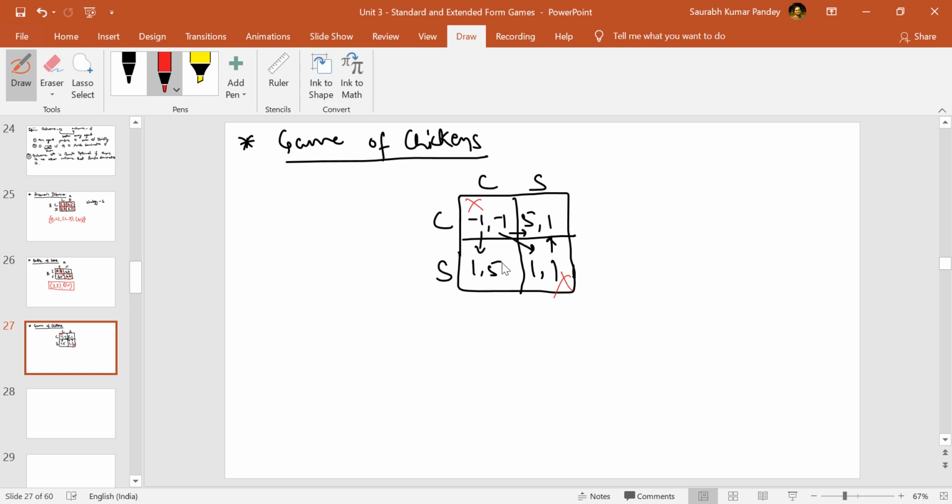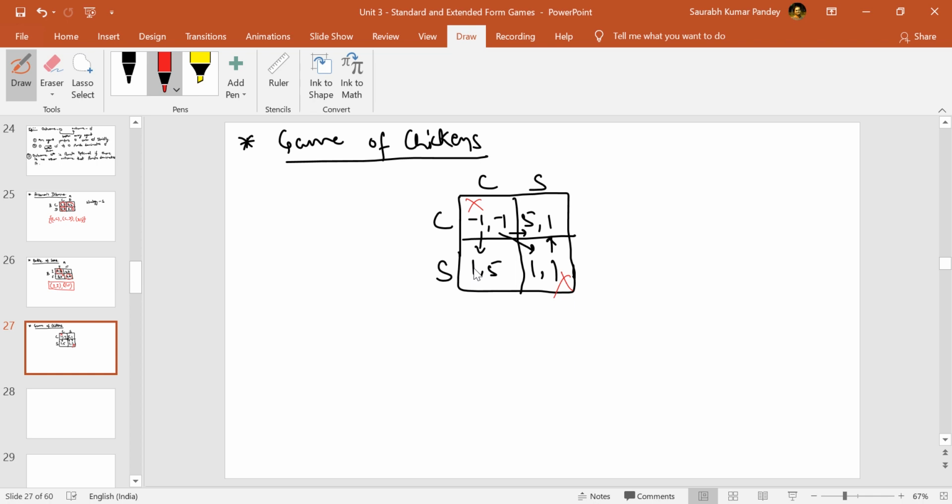Now if you see over here 1 5 and 5 1, definitely since these are got from CC, if you go downwards to 1 5, it is an improvement. From CC if you go to CS, it is an improvement. Similarly from 1 1, both ways it is an improvement. So let's talk about from 1 5 to 5 1.